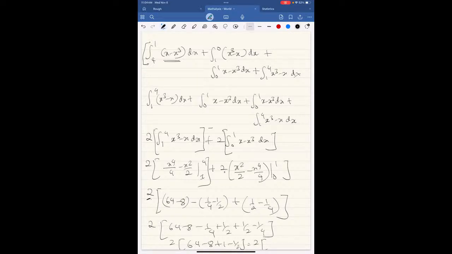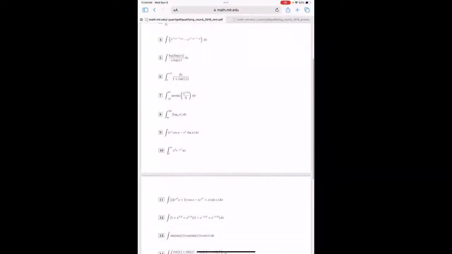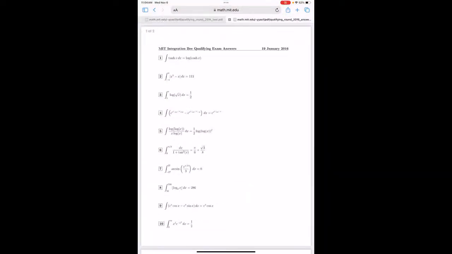So what's the answer, guys? Can you give me the answer? So 64 minus 8 is 76, and plus half is 76 and a half, right? So that is 152 plus 1, which is 153. Is that the answer, guys? 153. Let's see. Oh, it's 113.